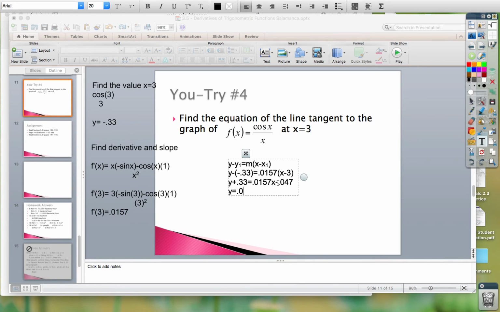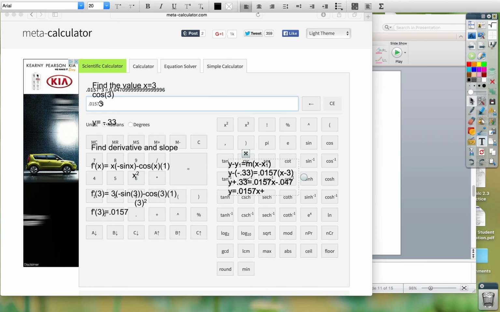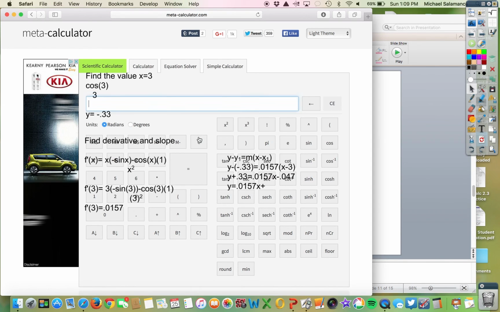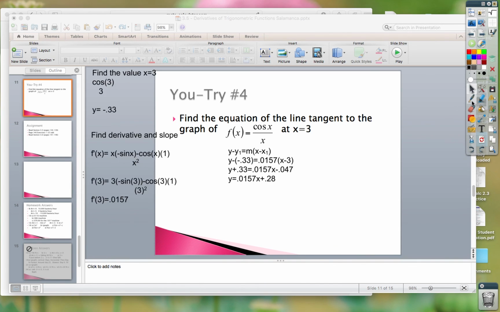We get 0.0157x, actually, let's just do this in the calculator because I don't want to waste your time. So that's 0.33 minus 0.047. That's 0.28. And so that's your equation.